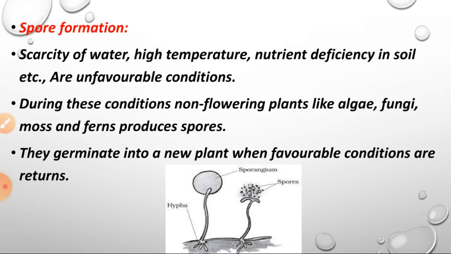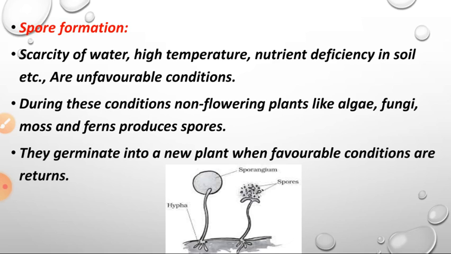Then at last, it creates a new plant when the favorable conditions return. Favorable conditions mean good temperature, good atmosphere, good surroundings. When these conditions return, it produces a new plant.